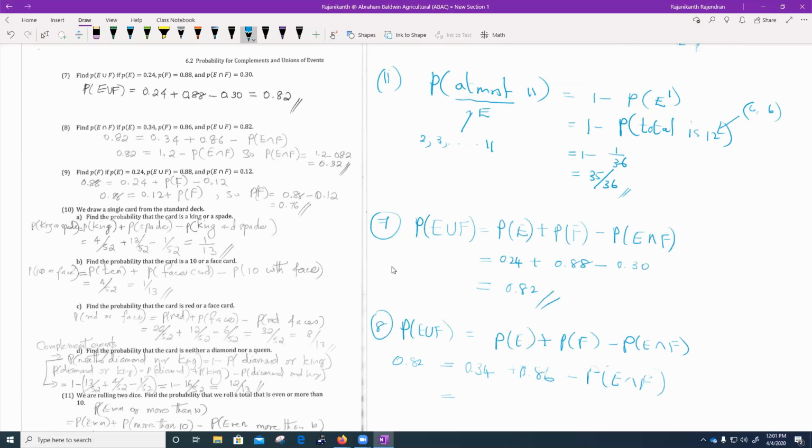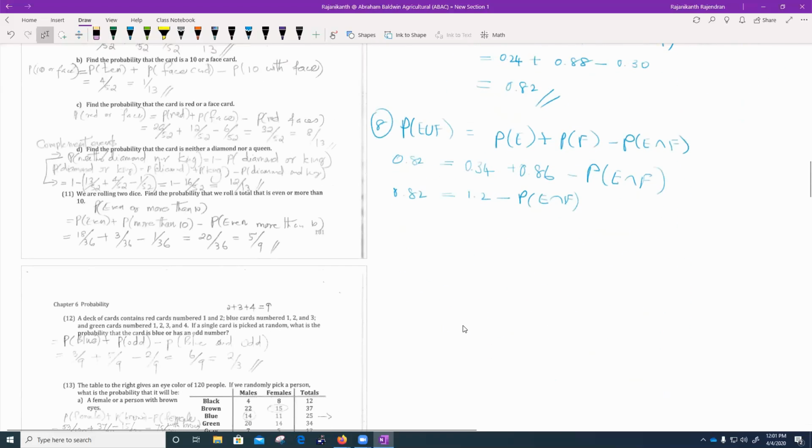So if you add these two, you will get 1.2. Then we have the negative sign of the probability of event F. So on this side I have 0.82, and if you move this to the other side and switch, you will get the probability of E and F. Simply 1.2 subtract 0.82.